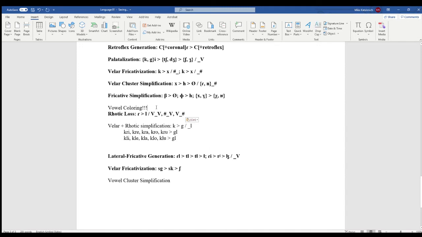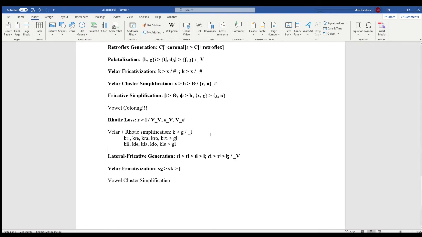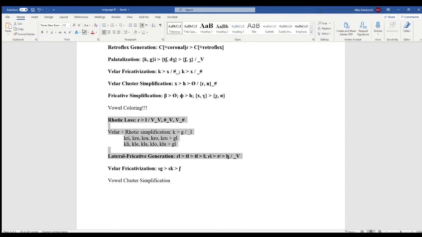I think that needs to happen. If that happens in that order, so R has become L between vowels at the start of a word and at the end of a word. Oh, I need to make sure that I know what's going on. This ordering is all messed up.